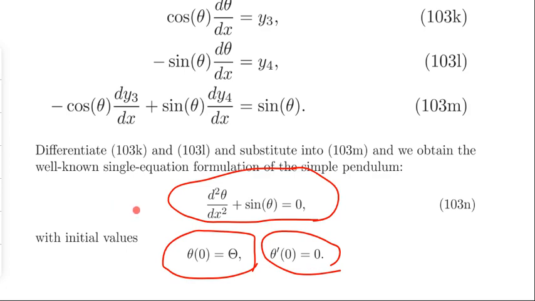This is a simple example of application of ordinary differential equations in the real world.